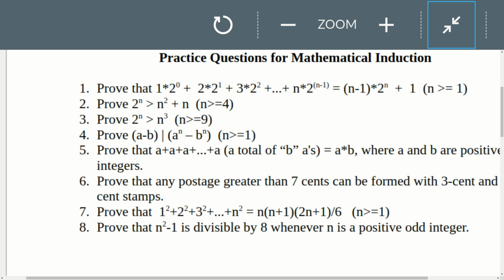Yeah, that's right. So n minus 1 to the n plus 1. All right, and then here we have to simplify this. That would be 1 times 2.